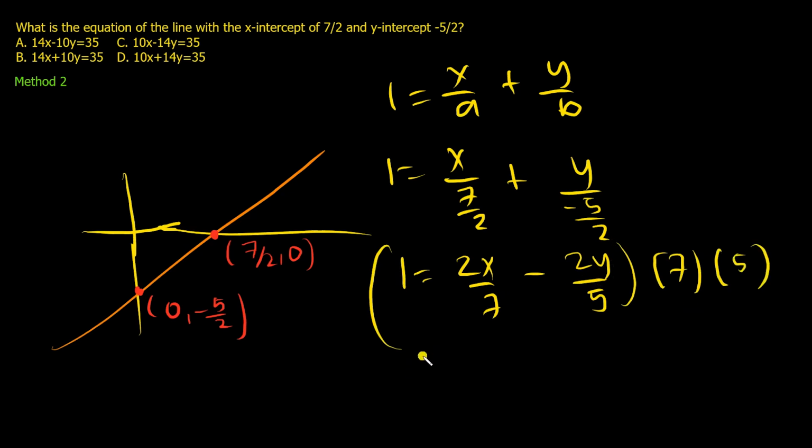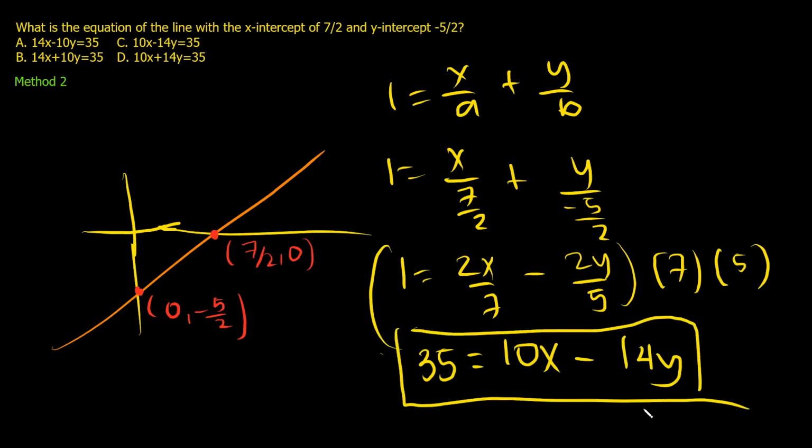You have 7 times 5, this is 35, is equal to 10x minus 14y. Mao ba ni sa choices? 10x minus 14y is equal to 35. So, mao ni siya class ang letter C na to. Okay? That is method number 2.